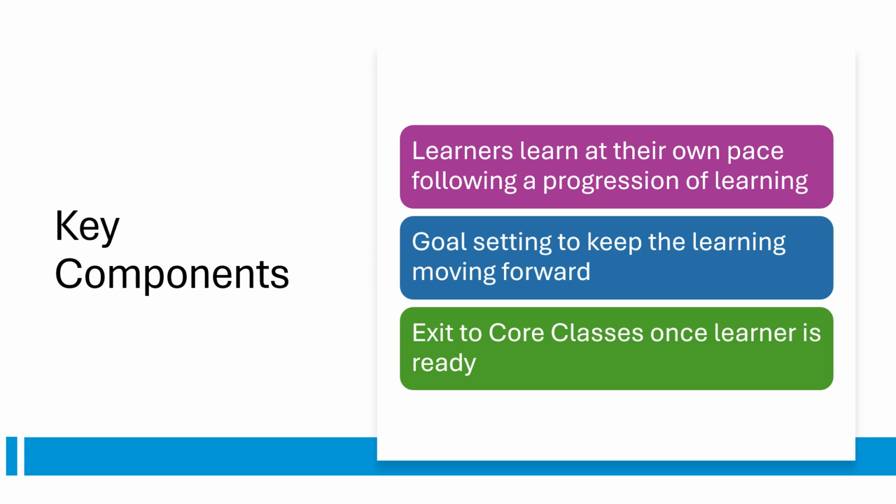Small goals help learners to know what they need to learn next so they can achieve the content of the course. Lastly, learners are allowed to exit Pathway to Core to the core courses once everything is ready. This can happen throughout the school year. In the next slide, you will learn where to find the information of how students enter and exit the course.